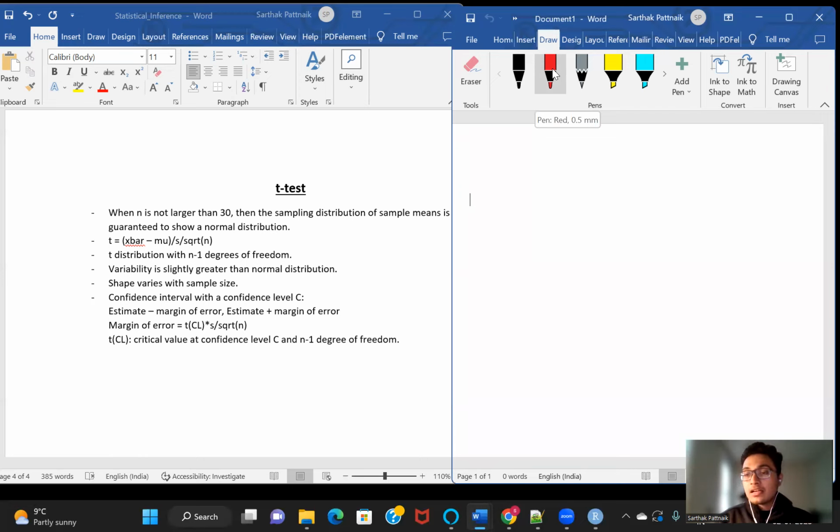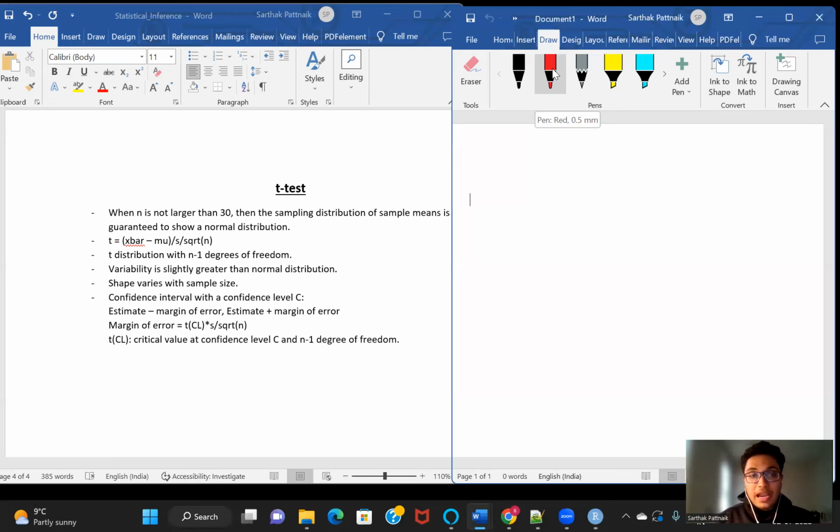That is point number one. And point number two, the number of samples has to be greater than 30, because only when the number of samples is greater than 30, the sampling distribution of sample means starts behaving like a normal distribution. Hence, CLT can be applied. So these were the two conditions for z-test.